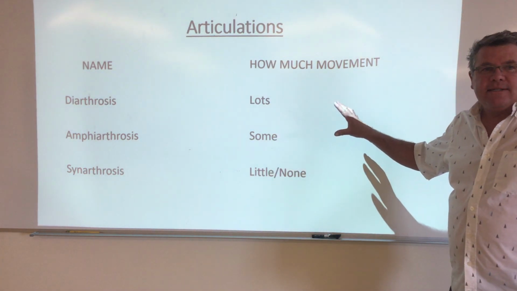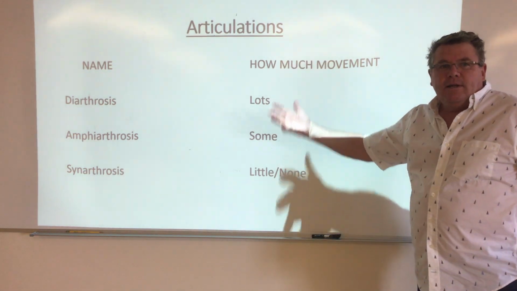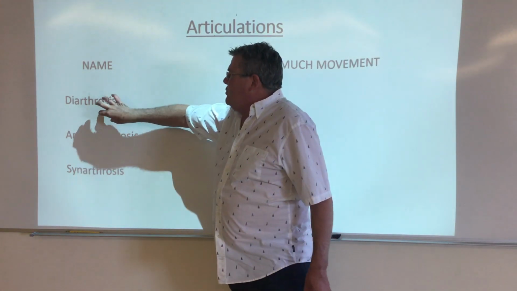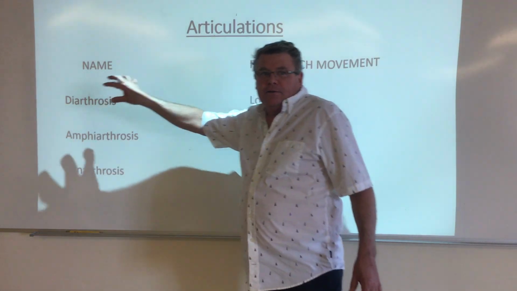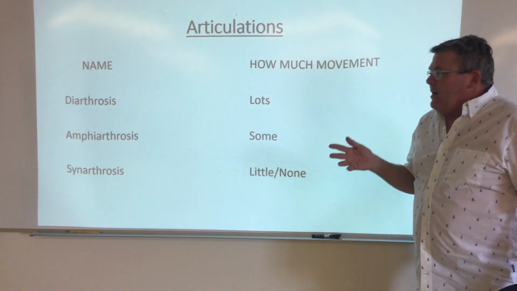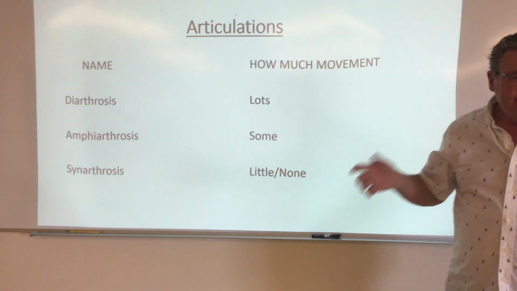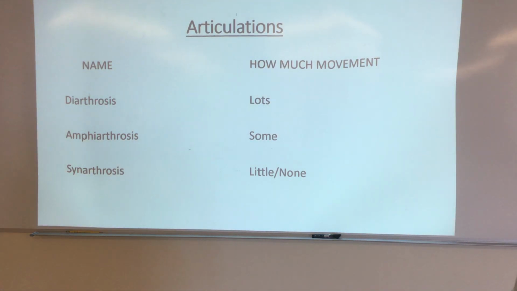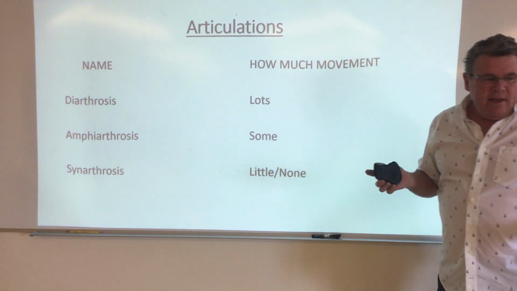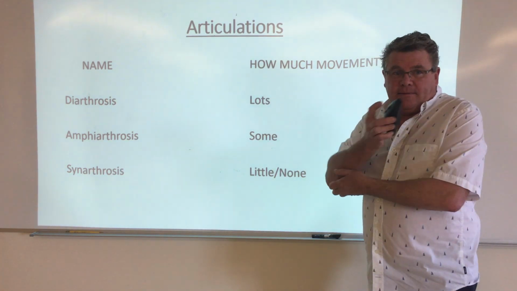So what I'm going to do on the next series of slides is show you some actual types with the weird names. Then I'll show you, as far as the movement goes, which of these weird terms applies to it, and what some examples are. As I said a minute ago, I've tried to make this as organized as I possibly can in my disorganized mind. Essentially, we have four different categories.